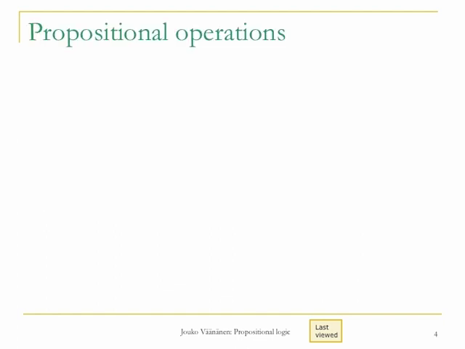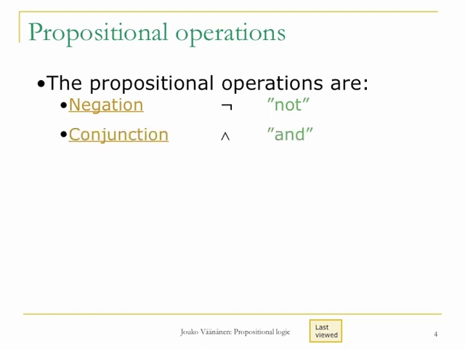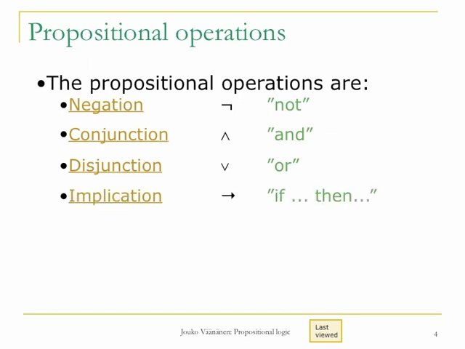The propositional operations are negation, the name for "not"; conjunction, the name and symbol for "and"; disjunction, the special symbol and name for "or"; implication, the special arrow symbol for the operation "if, then"; and equivalence, a double arrow, the name for the propositional operation "if and only if."